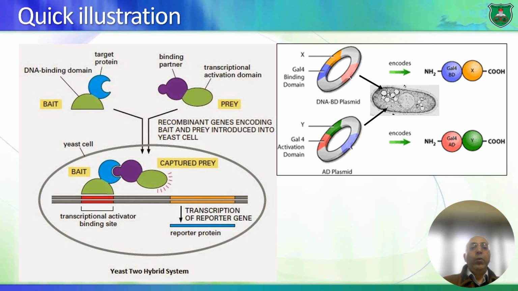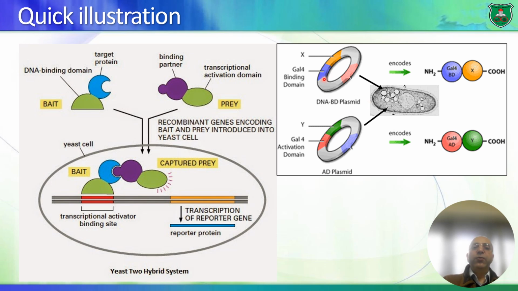Now, we want to test if protein X interacts with protein Y. We're going to use the same genetic system that we just talked about: the UAS regulatory element, GAL4, and the LAC-Z gene that produces the beta-galactosidase.